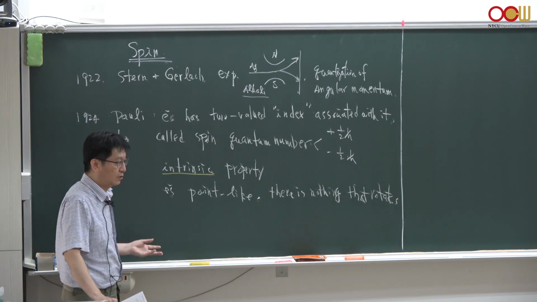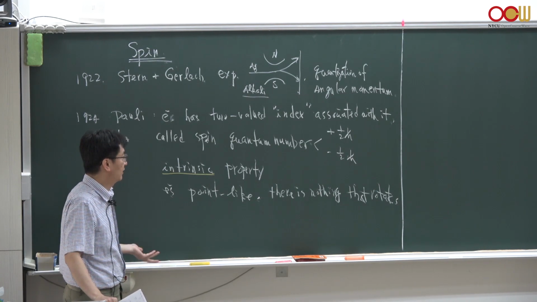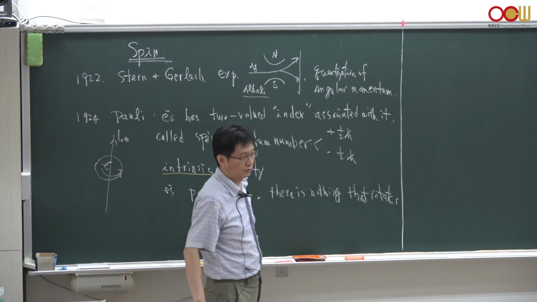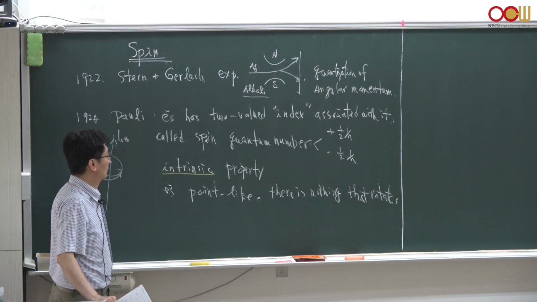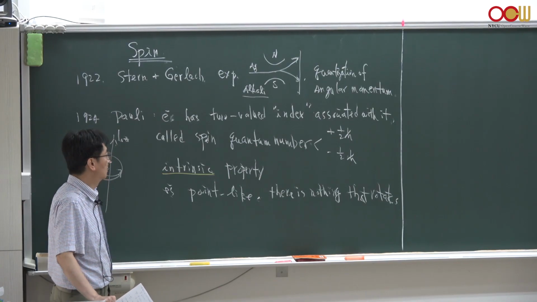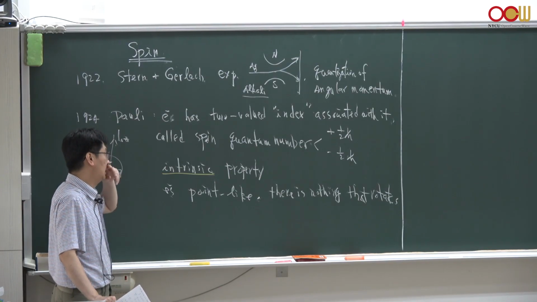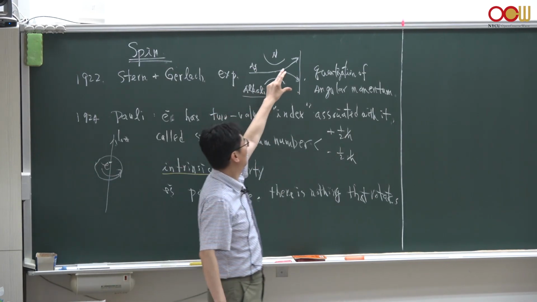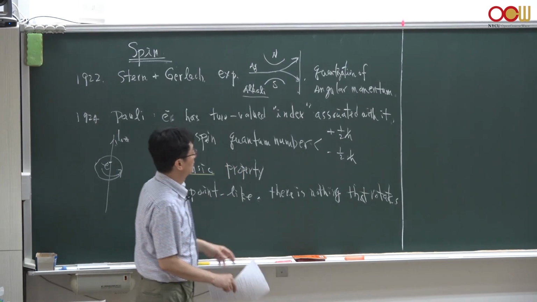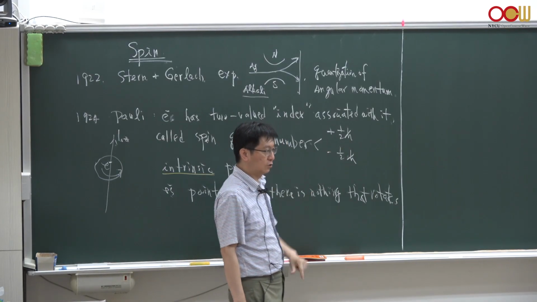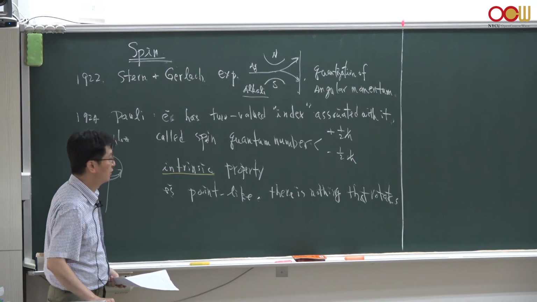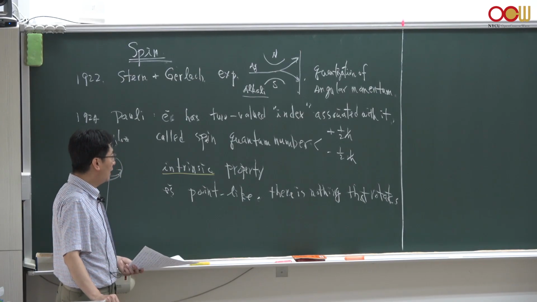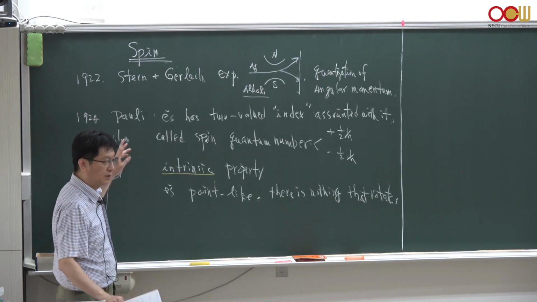We don't know why electrons carry angular momentum, but they do, because that is what the experiments told us. They carry two types of angular momentum, plus and minus, and later experiments measured the magnetic moment in terms of h bar, and they do get two values, plus or minus one half of h bar. That's the origin of Pauli's proposal.